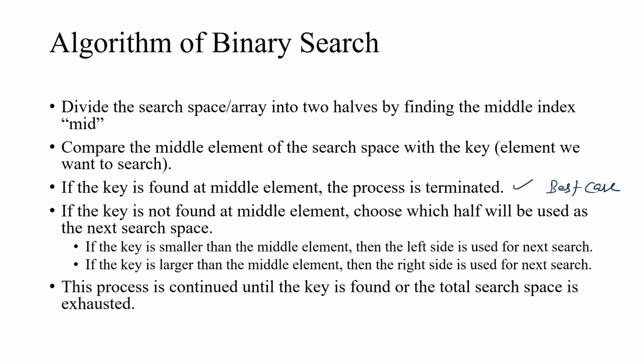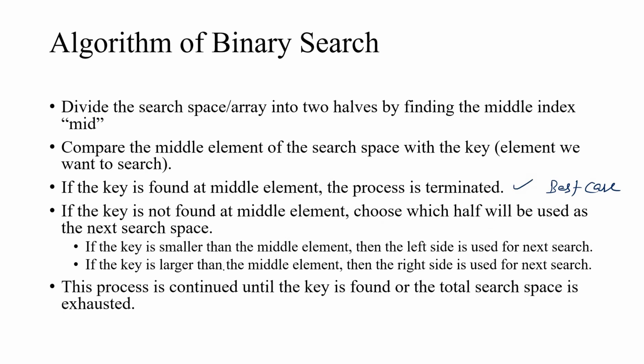But if we don't find it, then what will we do? If the key is not found at the middle element, we choose which half to use as the next search space, meaning whether we search the left side or the right side. If the key is smaller than the middle element, then we search the left side.